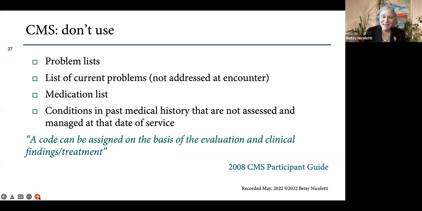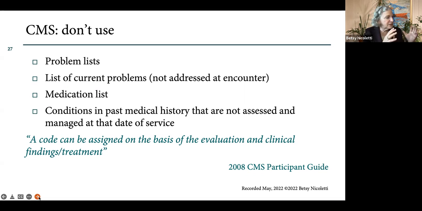But what can't we use? So take a look at that 2008 CMS participant guide. We don't code from problem lists. We don't code from a list of current problems that were not addressed at the encounter. We don't code from the medication list. Oh, she must have diabetes, she's on metformin. Oh, she must have depression, she's on Zoloft. No, we don't do that.